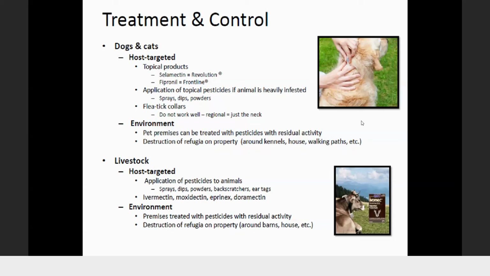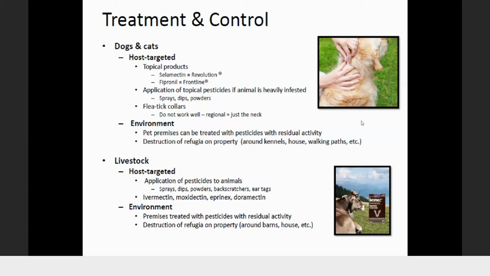When it's spot-on, sometimes it doesn't go to the bottom part of the body. So you can still have ticks after a few weeks of the treatment because the larvae and the nymphs that are present at the bottom of the body will grow into adults.